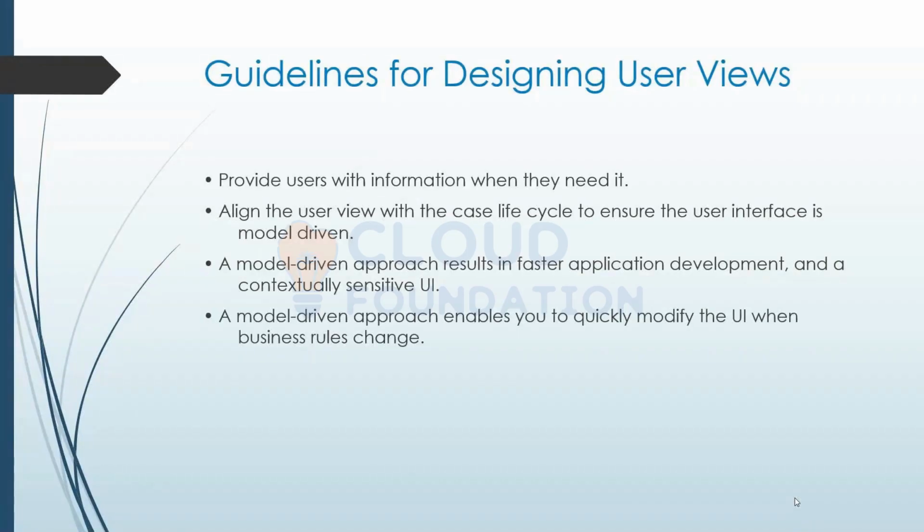And do not let the users guess what is happening with the application. Be clear with the instructions. Give the labels wherever it is necessary. And one more important thing is your design consistency. Maintain consistency throughout all the screens in your application.